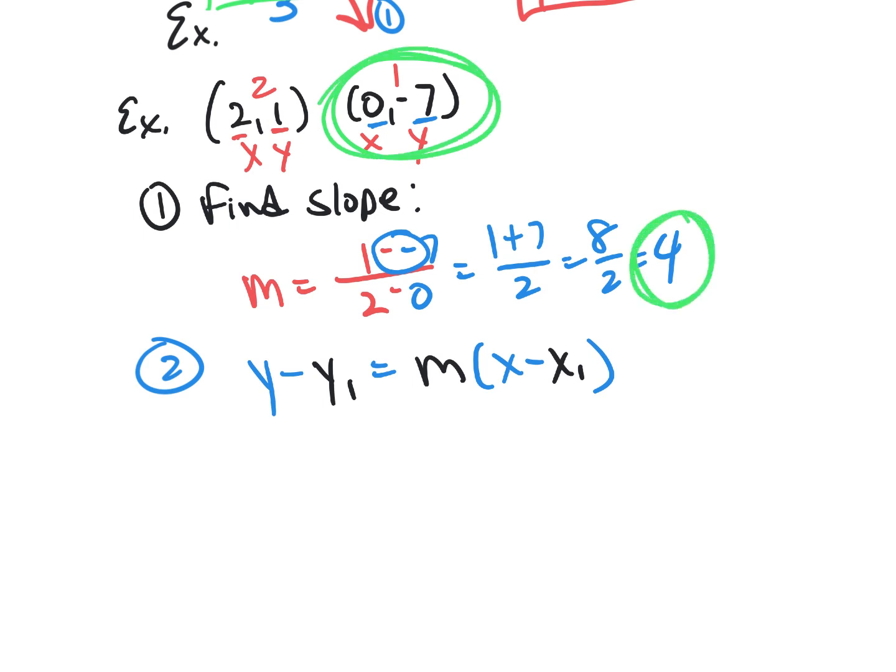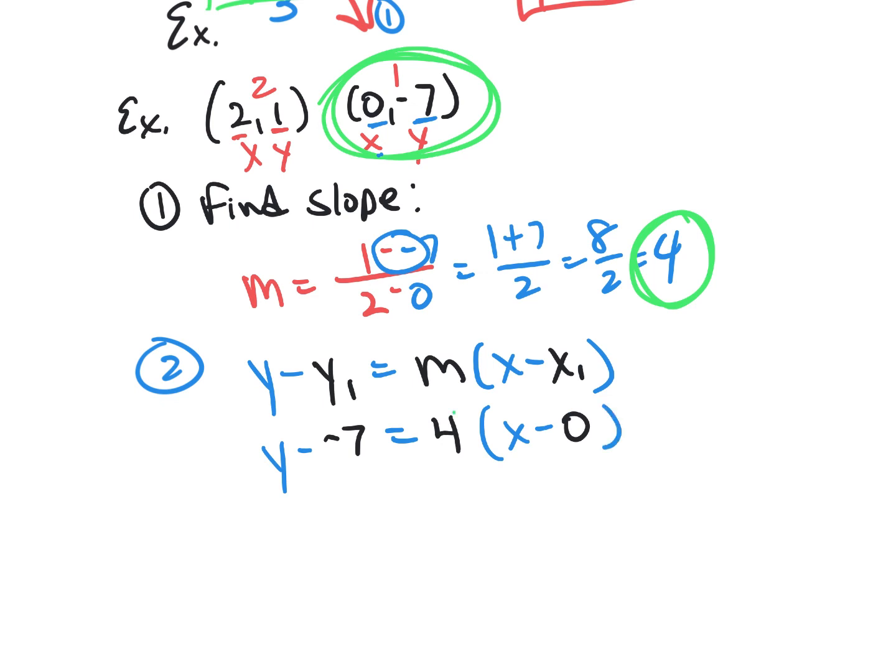And remember, this is my slope. Okay, so we're going to keep y minus, and then this is where the y1 comes in. So that's the negative 7 equals m, which is my slope, which is 4, times x minus my x1 again, which is 0.